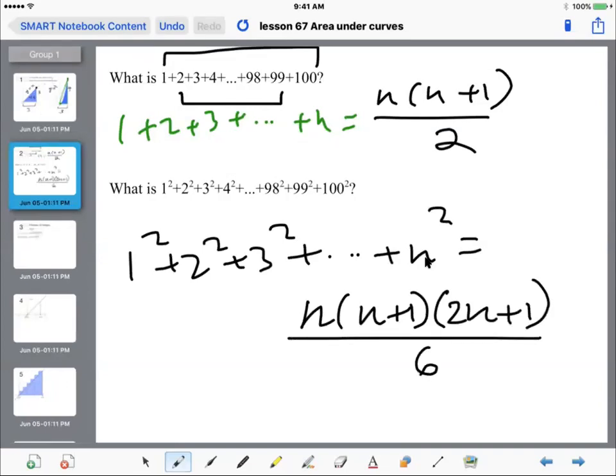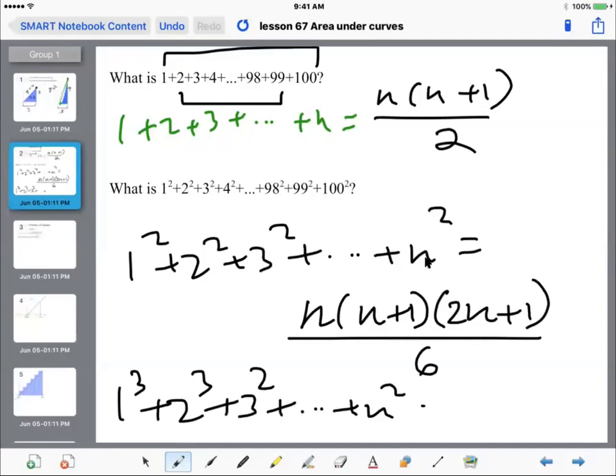And there's various ways to prove that formula, but let's keep that formula in our back pocket in case we have an occasion in the next half hour to need to know what the sum of 1 squared plus 2 squared up to n squared is. And why not give you the sum of the cubes?